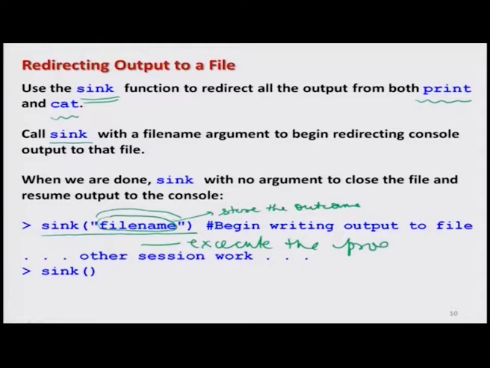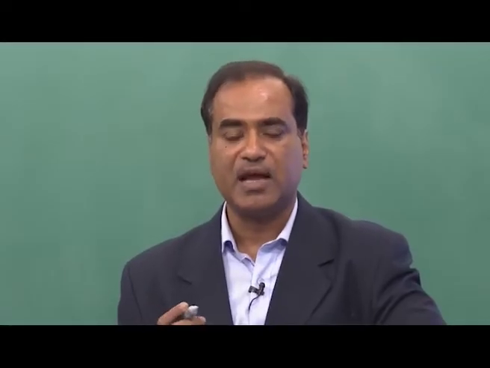Whatever my program is, that is executed here, and the outcome is saved to this file. After that we write sink once again, and inside the argument there is nothing, that means sink with no arguments. This function will help us in changing the mode. As soon as I give sink with a file name, whatever the outcome of my program is will always be diverted towards the file.